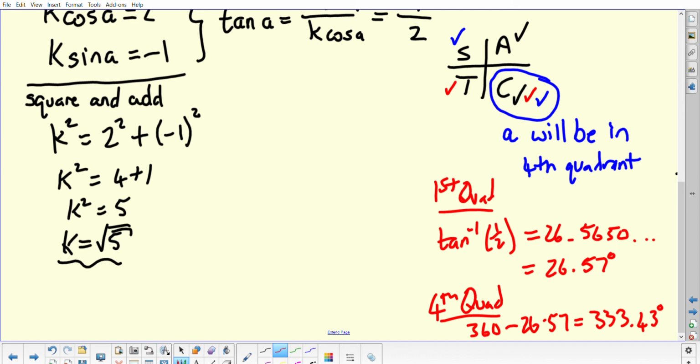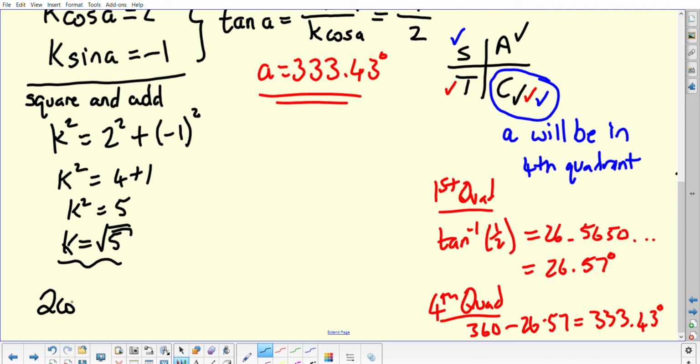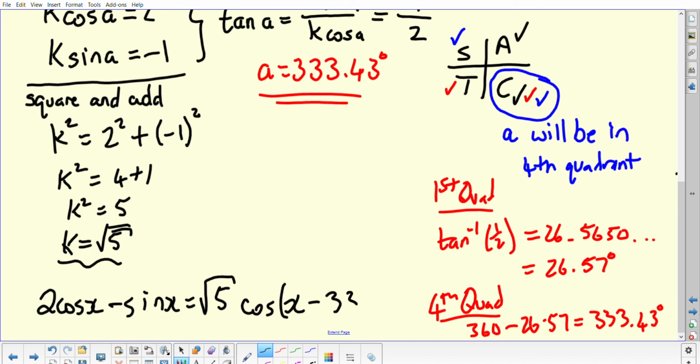Once you've got that and you've worked out that A is therefore 333.43, the final part of this is that you can then write down the original equation was 2 cos x minus sin x, and that is equal to square root of 5 cos of x minus that A angle, 333.43, or 333.4 if you went with it. Any questions?